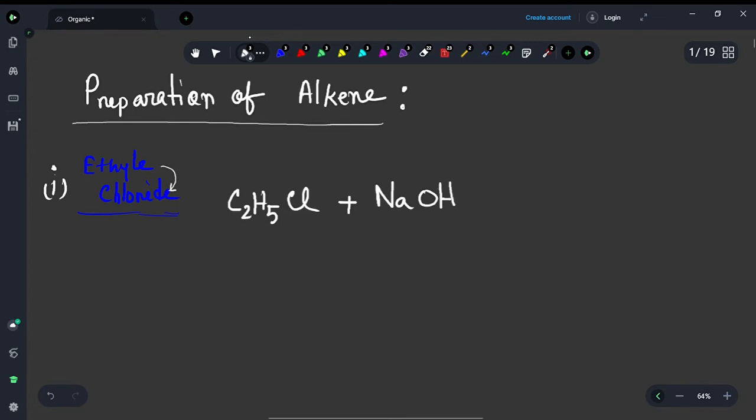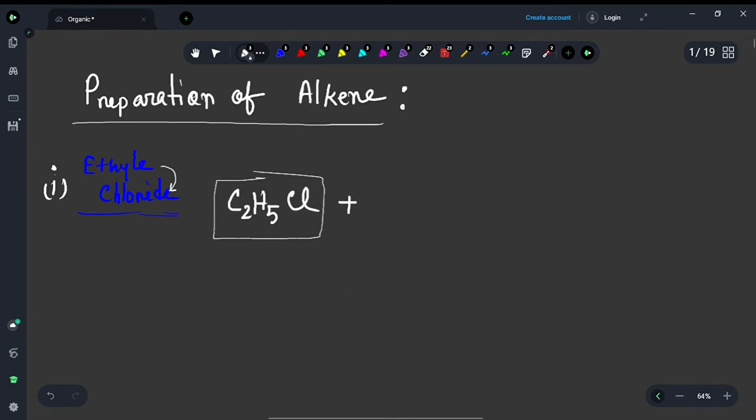Why are we adding NaOH? Because we need to substitute, we need to get rid of that chlorine that is present in that bond, the first bond in ethyl chloride. So for getting rid of chlorine, we're just gonna find a good pair for it. So what's a very good pair for chlorine?